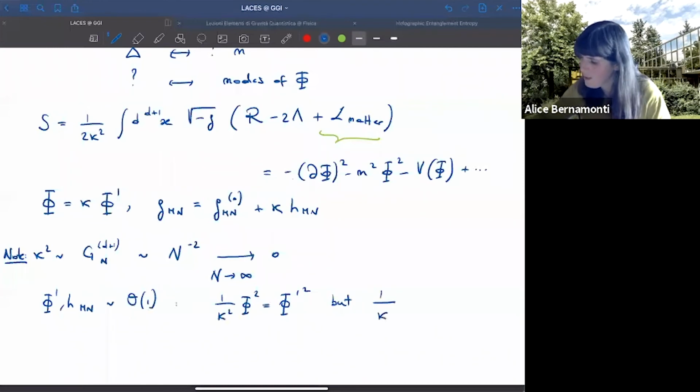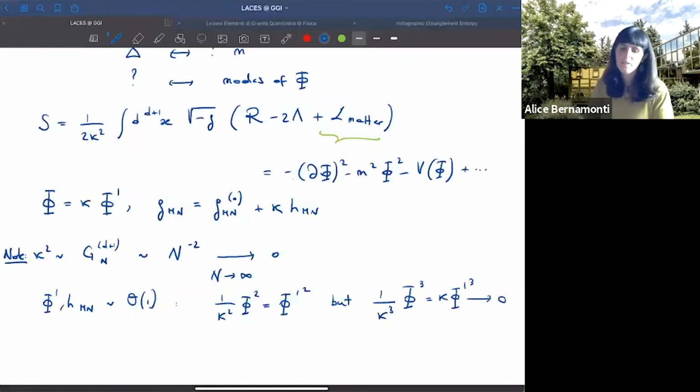So for instance, a cubic interaction which might appear in the potential will scale with kappa, and thus will vanish in the kappa to 0 limit.